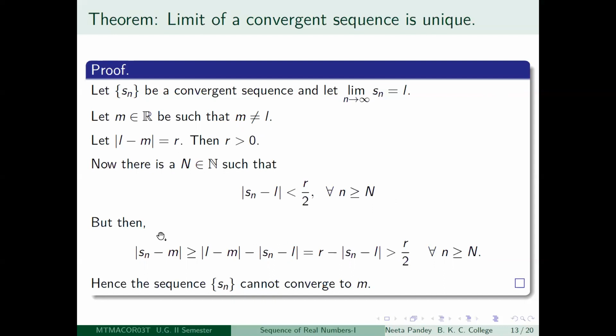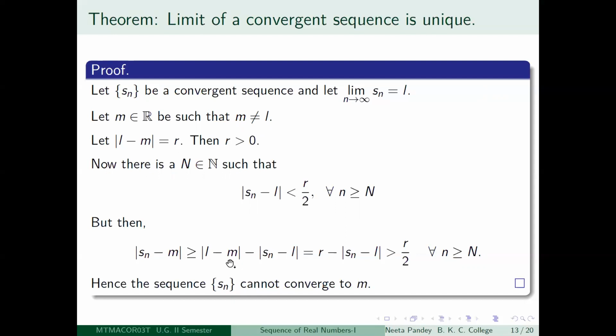So then what happens? Look at the distance between Sn and m. Modulus of Sn minus m is going to be greater than or equal to modulus of L minus m minus modulus of Sn minus L. Why? Because if you look at modulus of L minus m, you can write it as mod of L minus Sn plus Sn minus m.